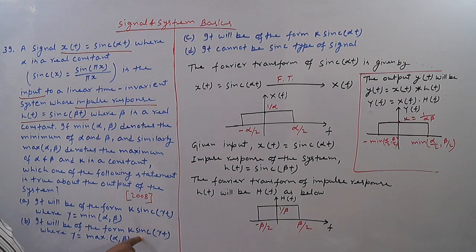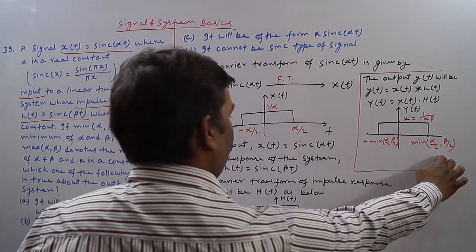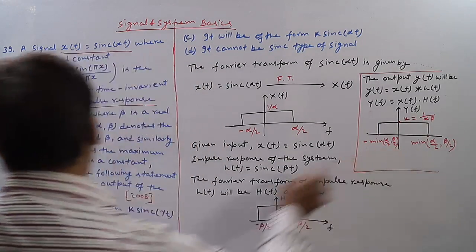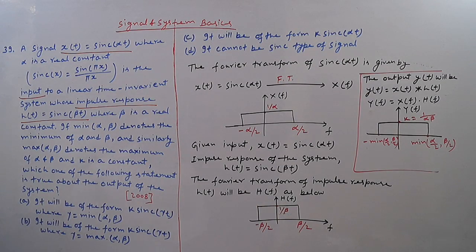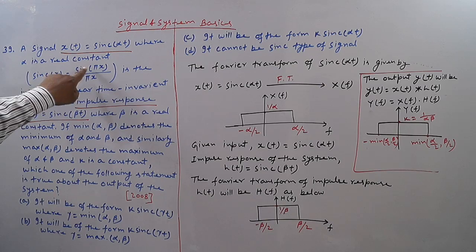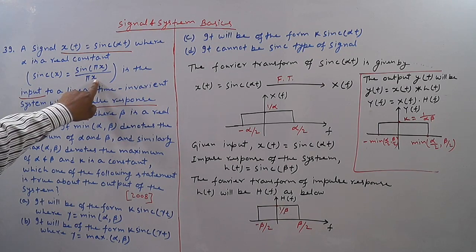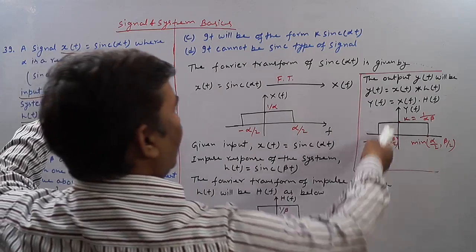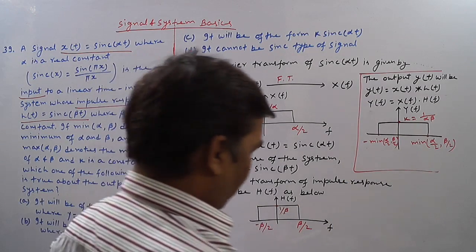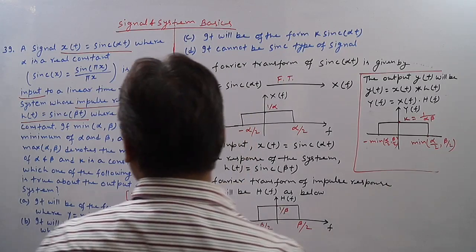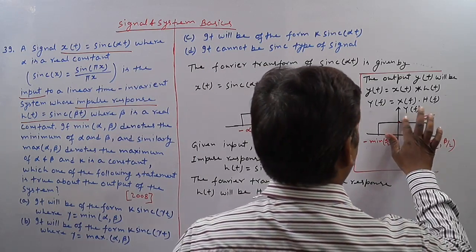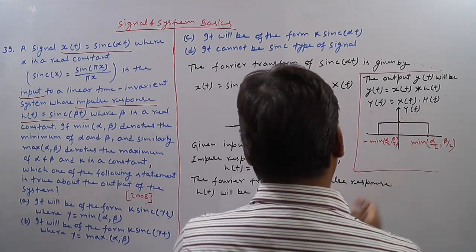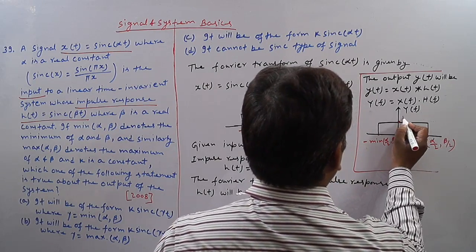Here we can clearly see it is the minimum of alpha and beta. It is defined that sinc(x) is nothing but sin(pi x) by pi x. Let me write here not k, let me denote it by 1 by alpha beta.